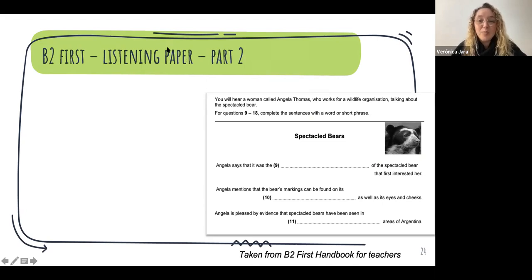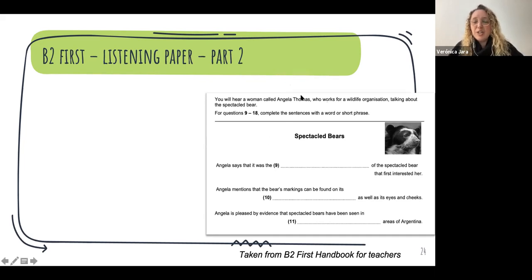It will help them with the task. So we can do something similar in part 2. I'm sure you know all these tasks by heart if you've been teaching this level for quite some time.